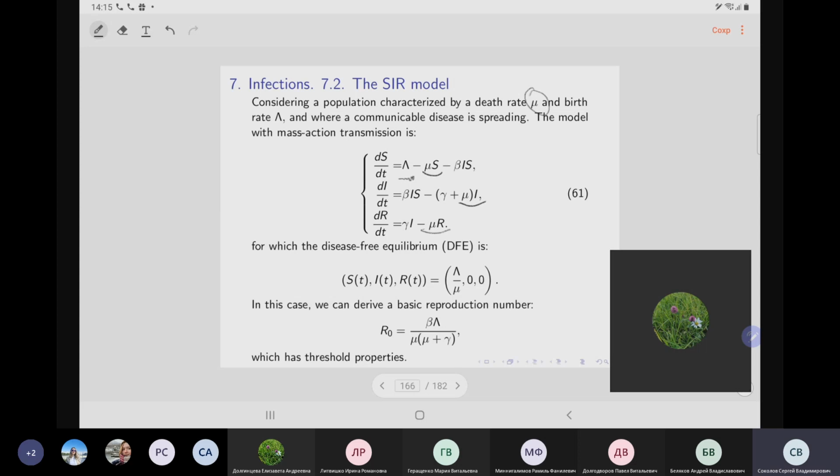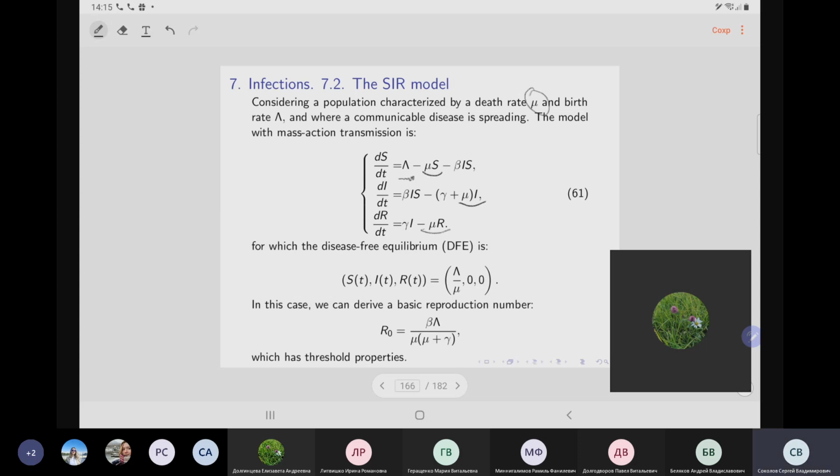And we see that in the previous model, the SIR model without birth and death rate, there was no disease-free equilibrium. So the only equilibrium in the previous equation was 0, 0, 0, that there is no epidemic at all, or 0, 0, depending on the initial values. So everyone is susceptible.